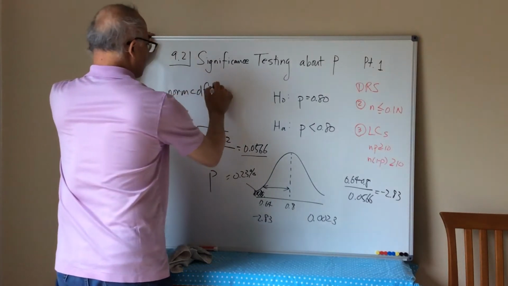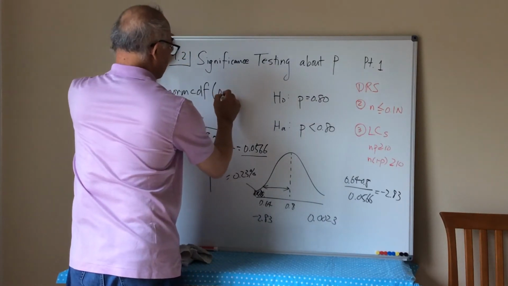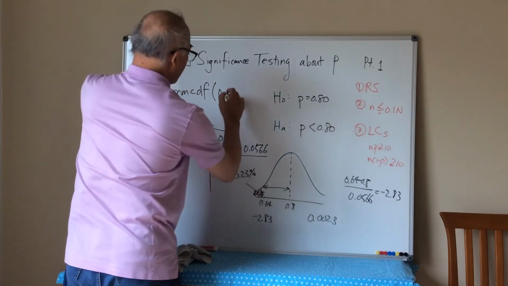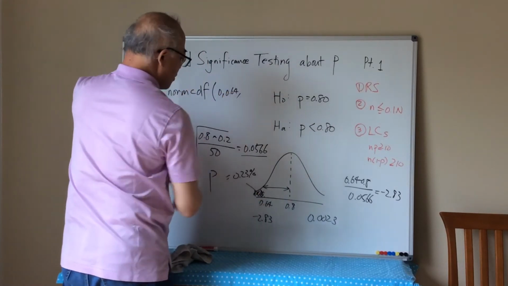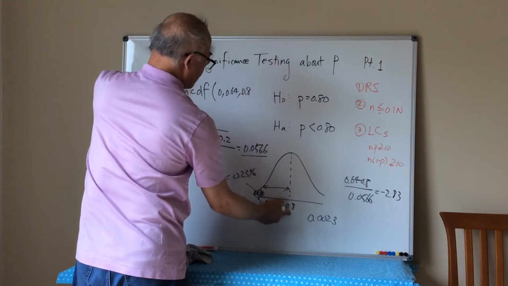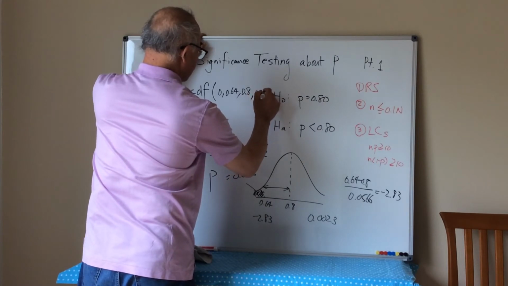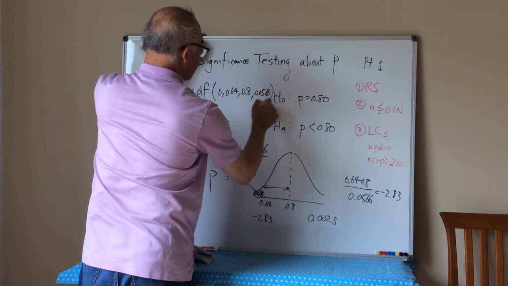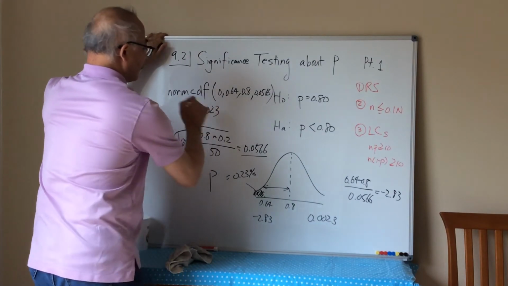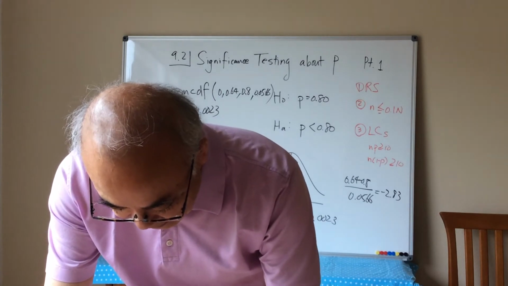We'd go from all the way over here, call it 0, to 0.64, where 0.8 is the mu and the standard deviation is 0.0566.